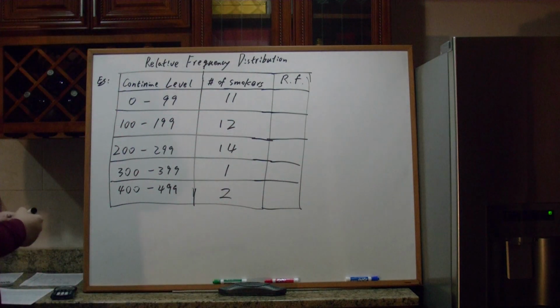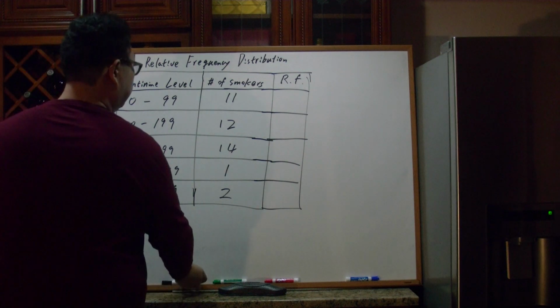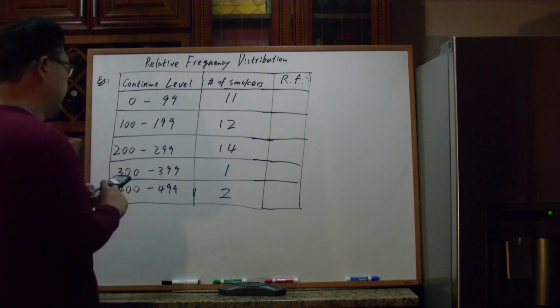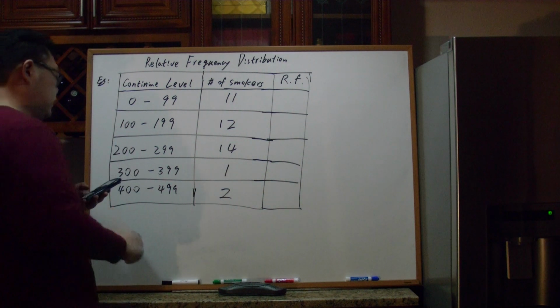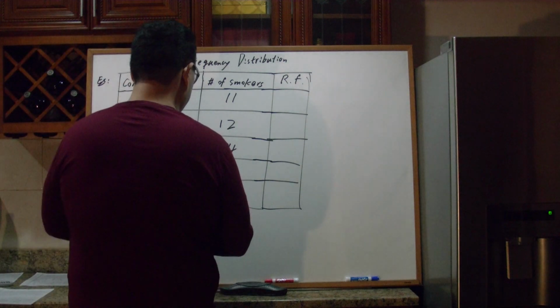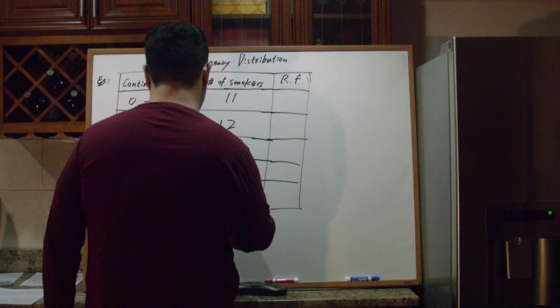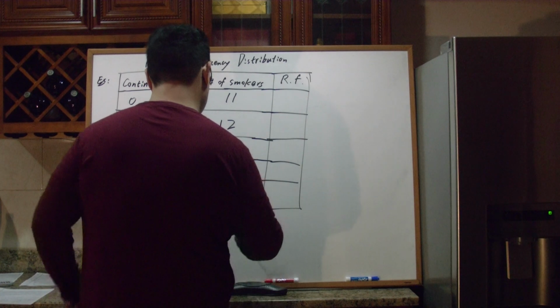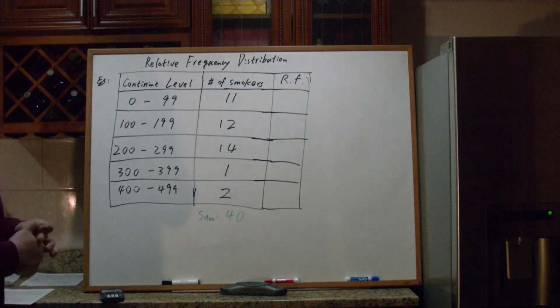The number of smokers is 11, 12, 14, 1, and 2. We need to find the relative frequency. First of all, by adding all the smokers together, we find that it is 40 smokers we observed. That's 40 smokers we have.